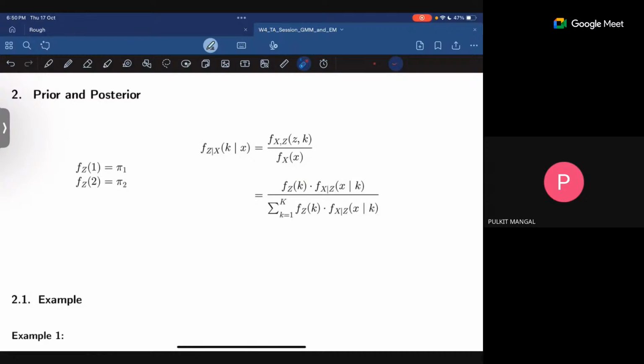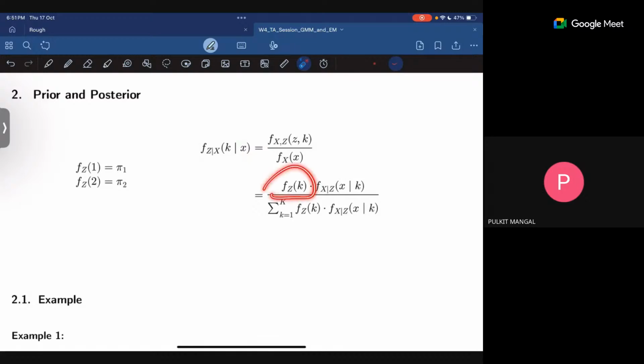Conditional is joint divided by marginal, and you can write this joint also as conditional times marginal. Or you can directly go from here to here using Bayes theorem.